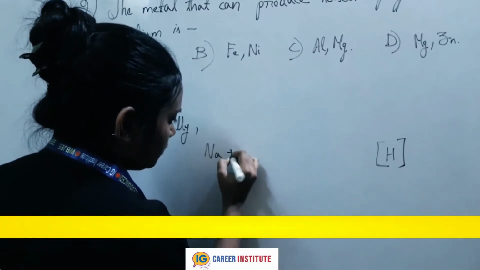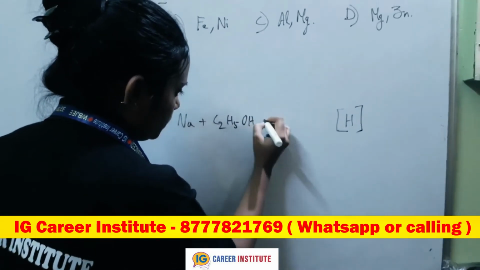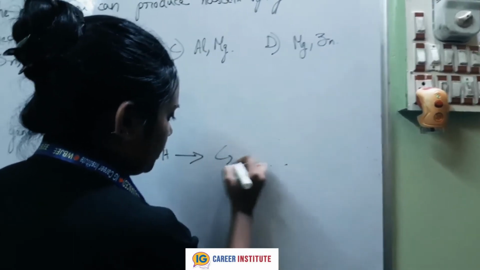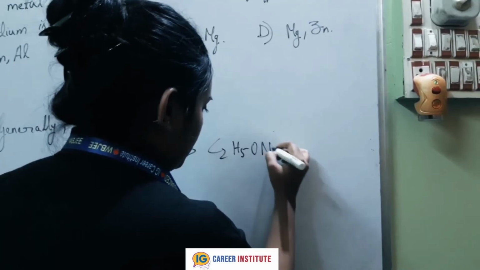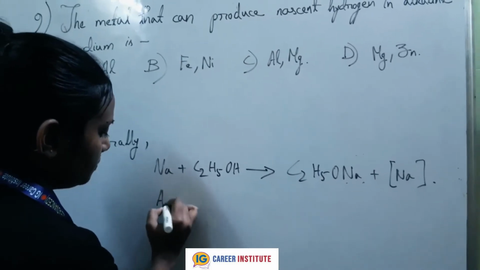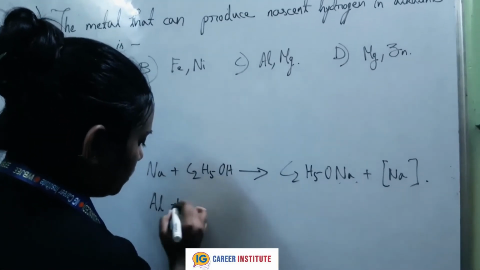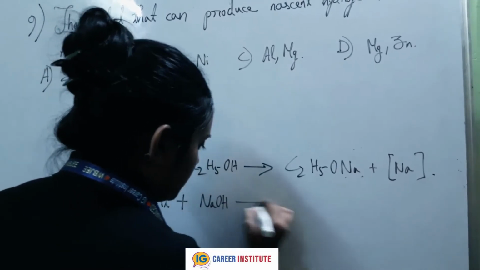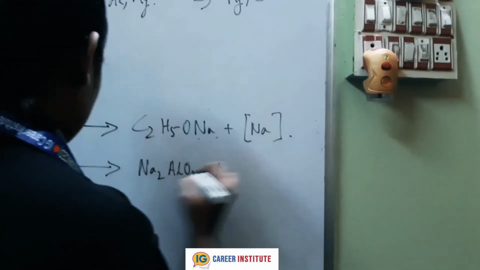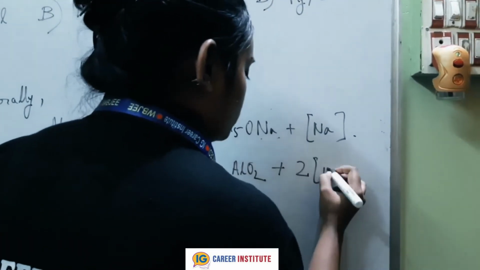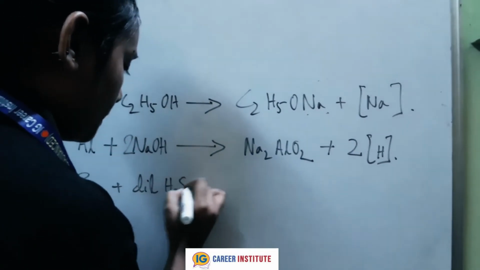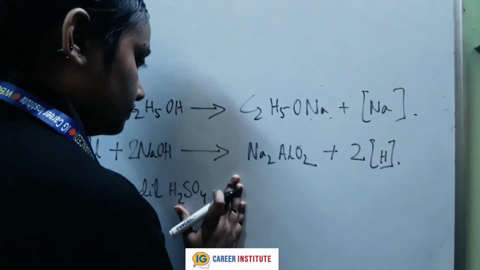like sodium, when it reacts with ethanol, C2H5OH, gives C2H5ONa plus nascent hydrogen. When aluminium reacts with sodium hydroxide, then it gives you NaAlO2 plus nascent hydrogen, and zinc in alkaline medium.